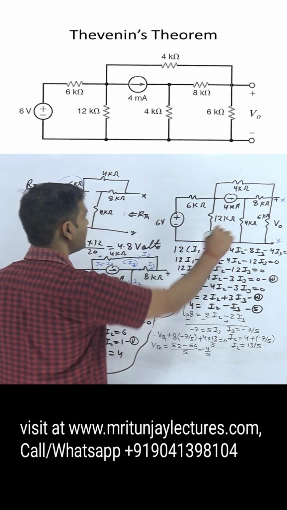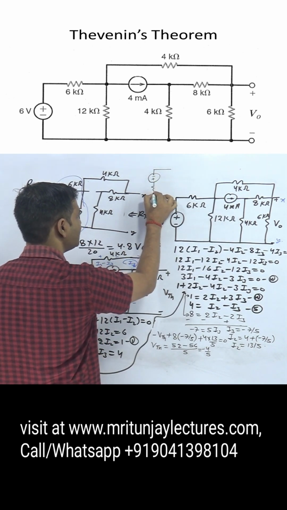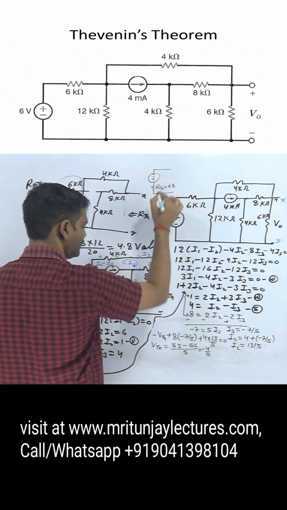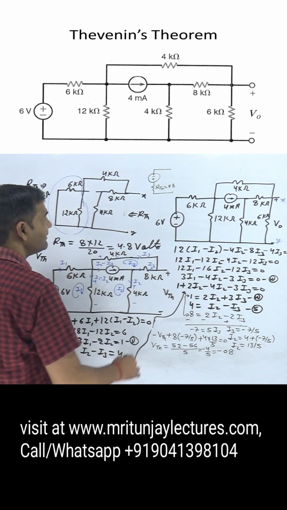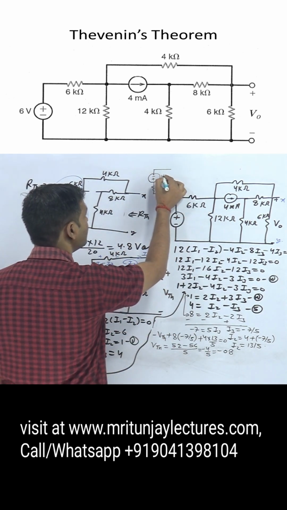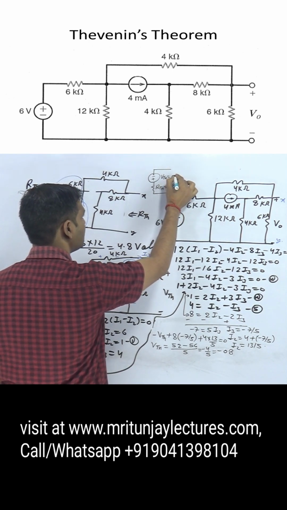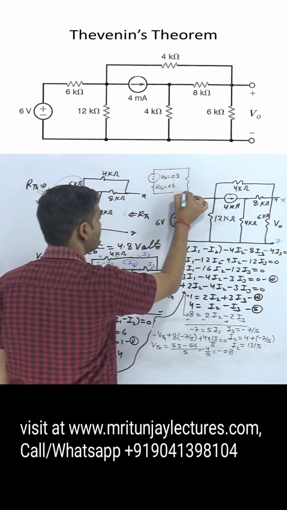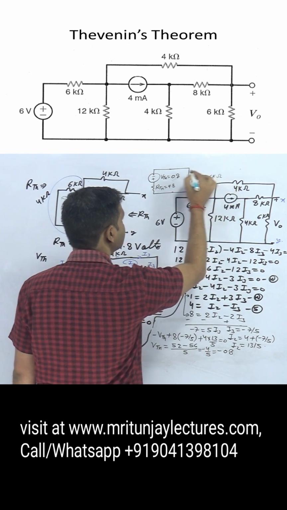So finally, RTH is 4.8 and VTH is 0.8. So VTH is written as 0.8 volt, with a minus terminal, that's why. And the load resistance is 6 kilo ohm.